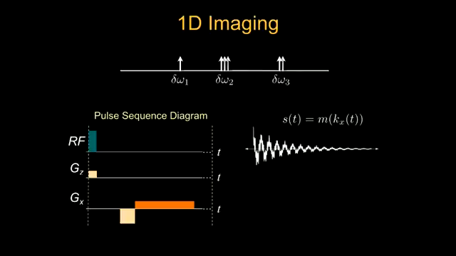If you apply this pulse diagram, you're collecting all this signal together, but each one has a different frequency. So if you collect all the signal and apply the 1D Fourier transform, you can decompose the signal strength.